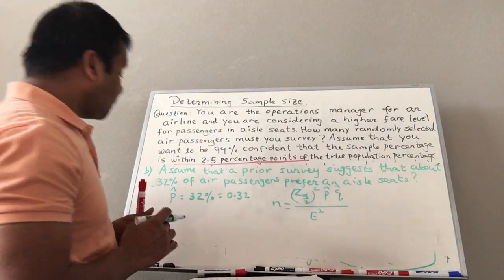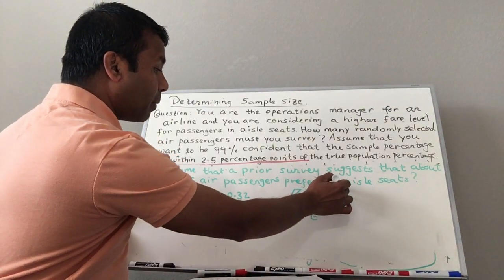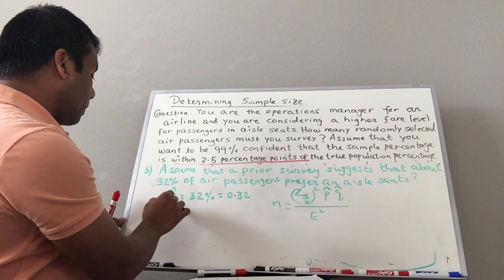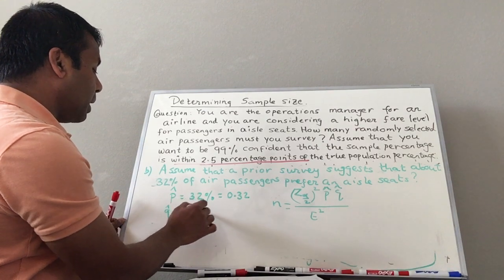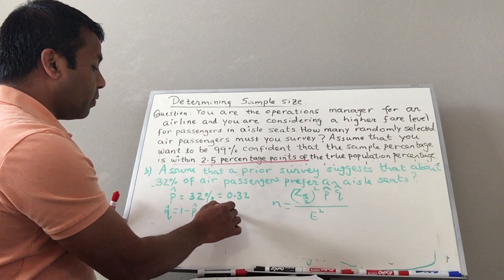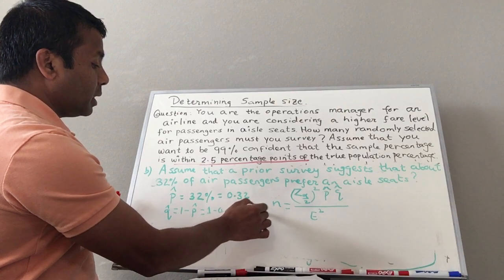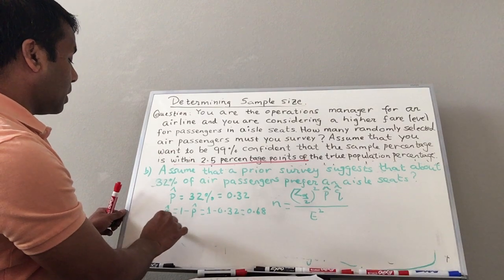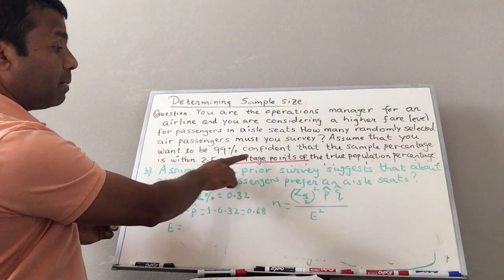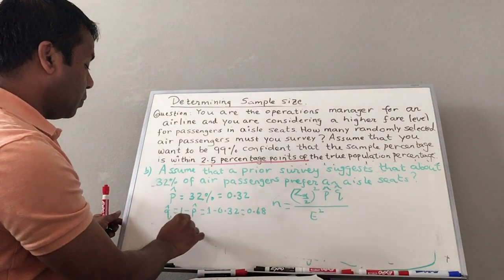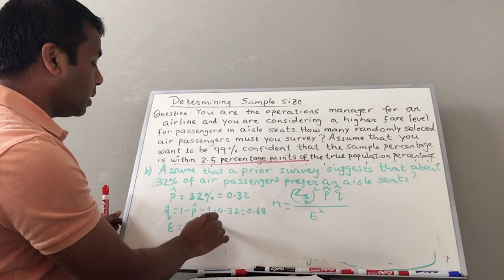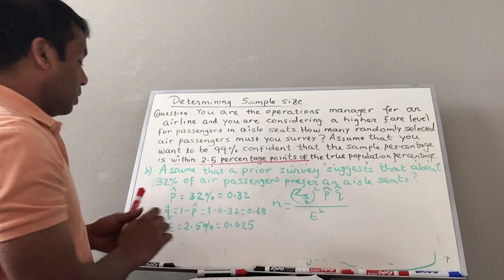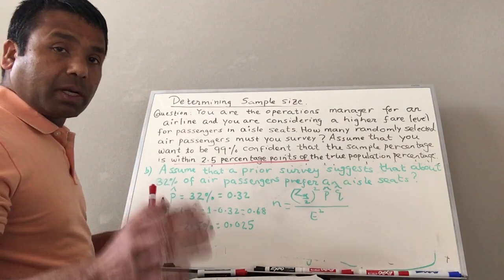This is the formula. So we know the value of p hat, and you guys know q hat is 1 minus p hat, which is 1 minus 0.32, which is 0.68, right? And the margin of error is exactly the same, 2.5%, which is 0.025. So now we have every information in our hand, right?